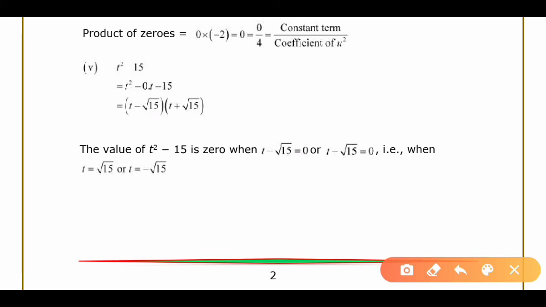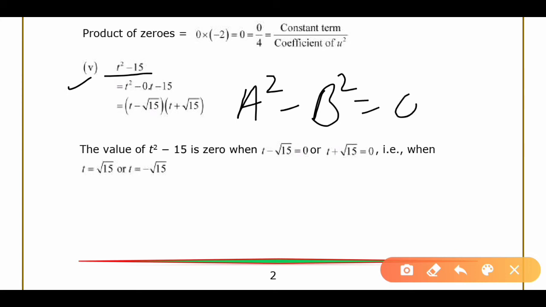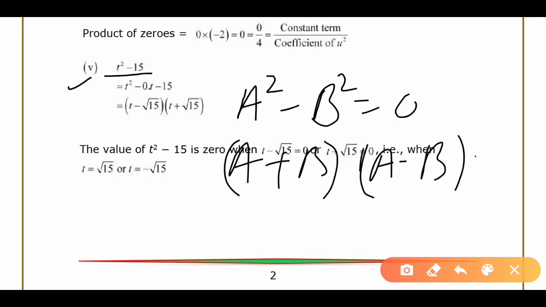Now next numerical is t square minus 15. So we'll factorize this equation. First of all, we'll use the formula a square minus b square, so we can write it like this: (a plus b) into (a minus b), and we equate it equal to 0 for getting the solutions.